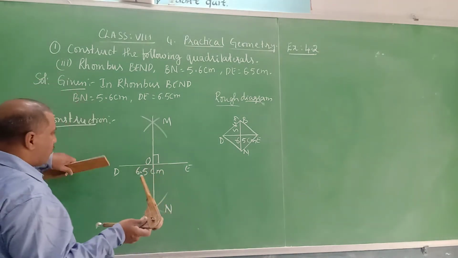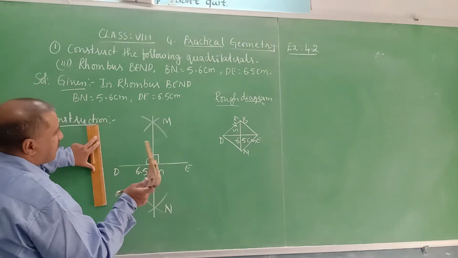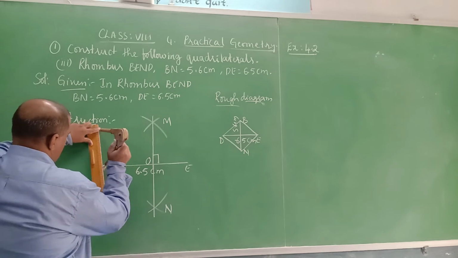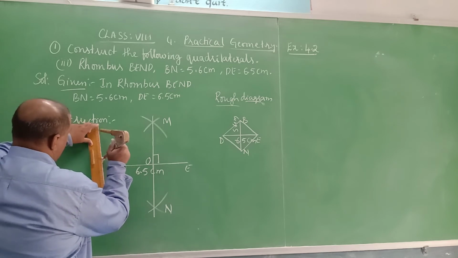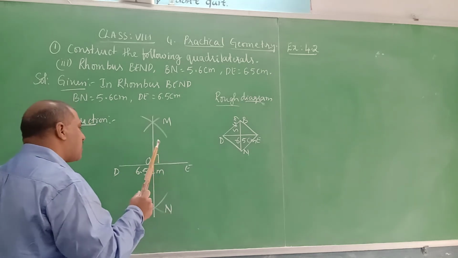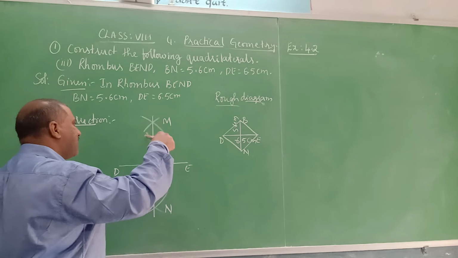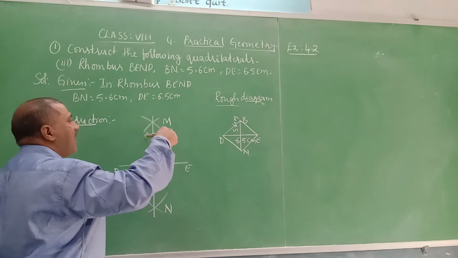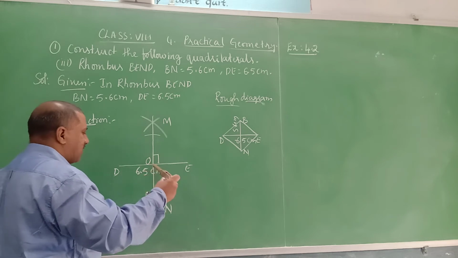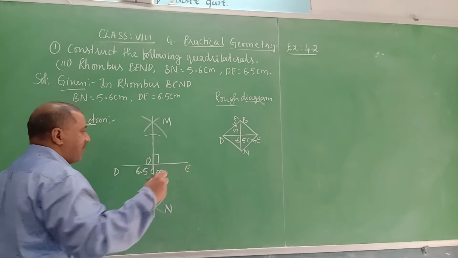Now from point O, cut an arc of radius 2.8 centimeters. How did we get 2.8 centimeters? It is half of the diagonal. Like this, we cut it on this perpendicular bisector, one arc above and one arc below.